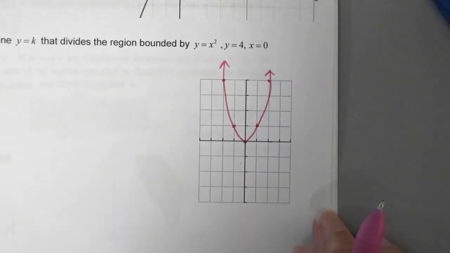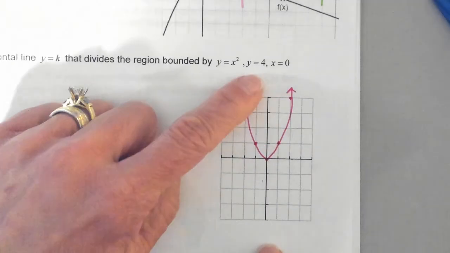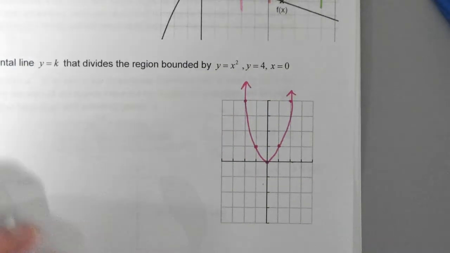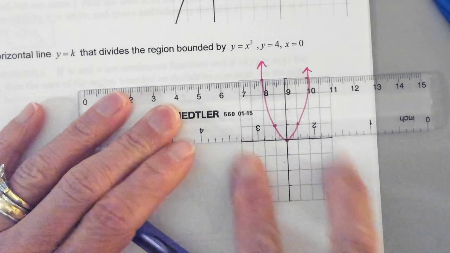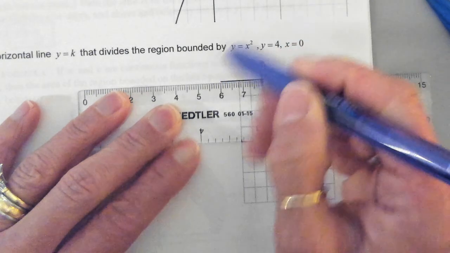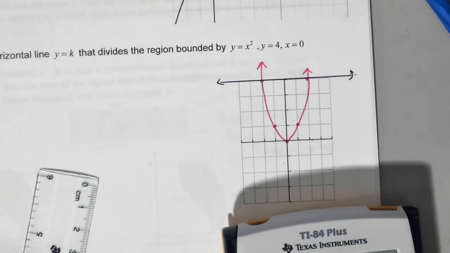Not perfect, but good enough. Then we have a second equation, y is equal to 4. What is that? Don't say straight. Horizontal line here. Okay, there's my line.